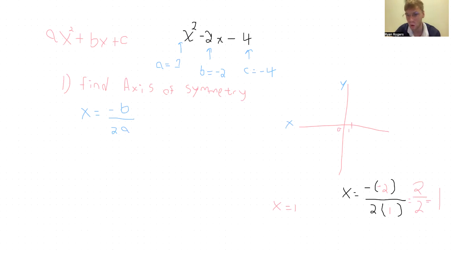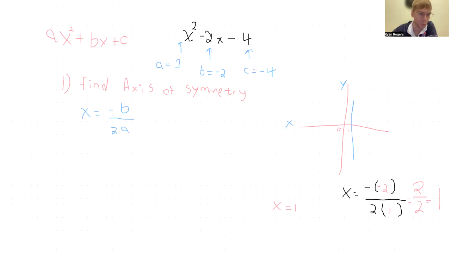Whoa, invisible line. The graph of this equation, x squared minus 2x minus 4, is going to center around it. That's what x equals 1 is saying.